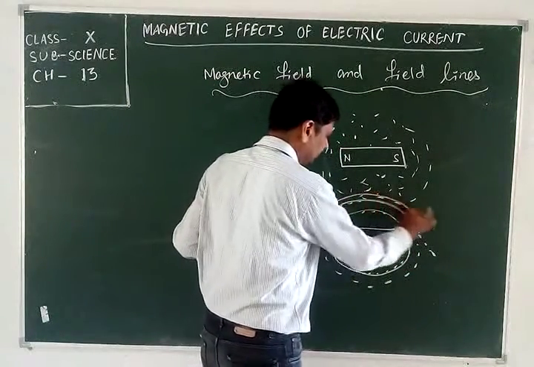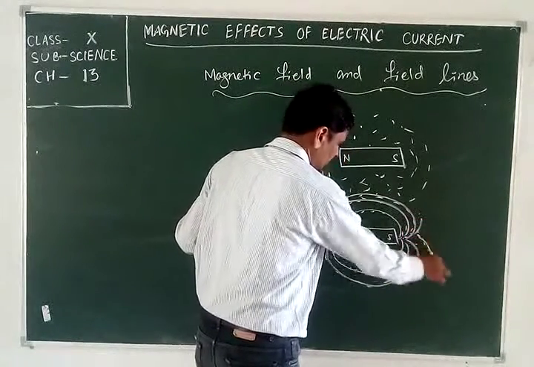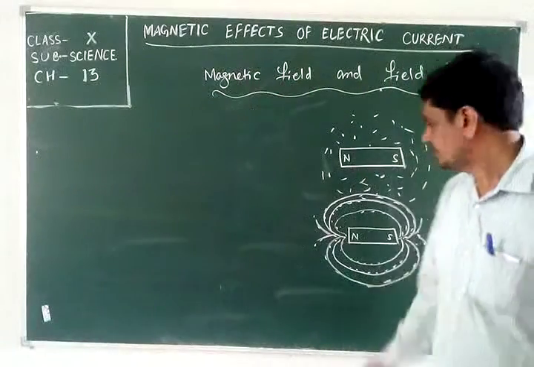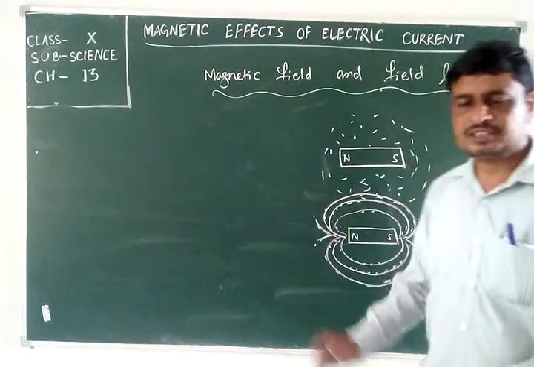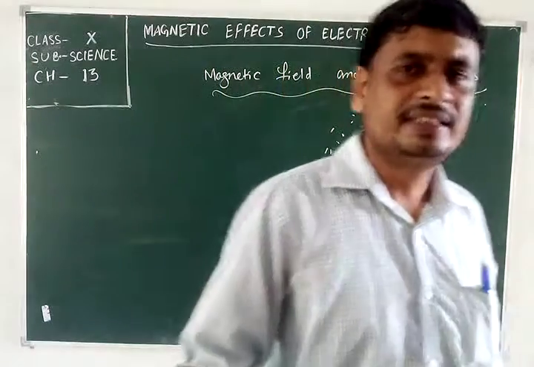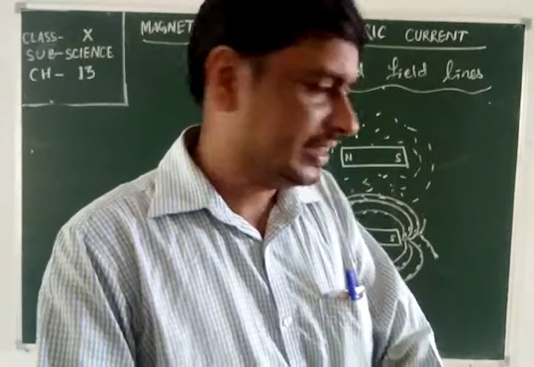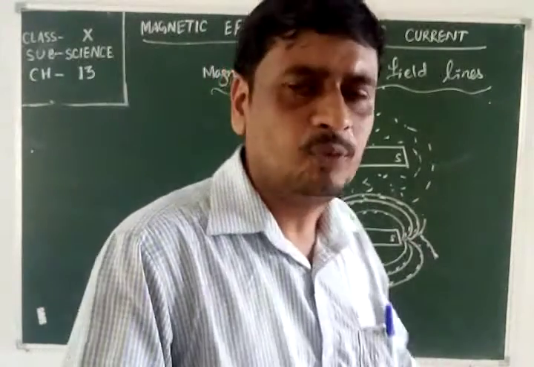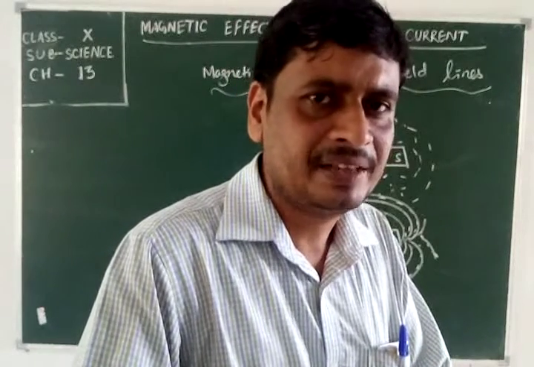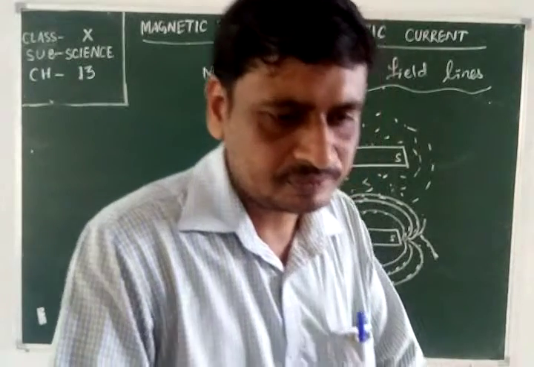They are arranged in some lines around this magnet. And the area in which the force of the magnet is detected, that region, that field, is called the magnetic field.